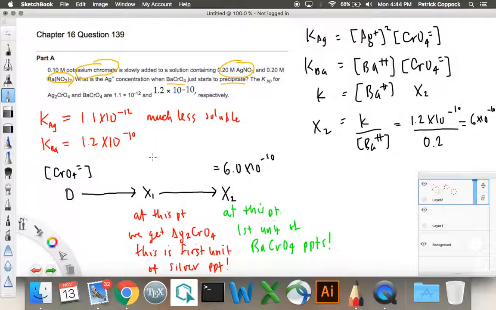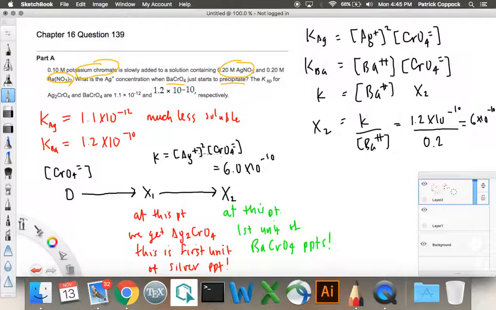And that constant ratio is... Okay. So as chromate was increasing from x1 to x2, silver was decreasing, and that's really the question. What is the silver concentration when we're done?